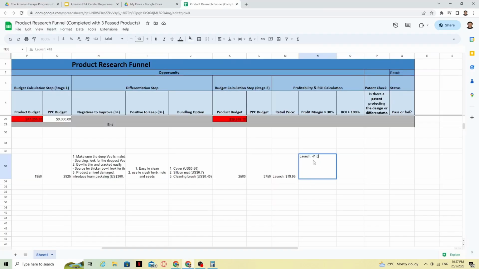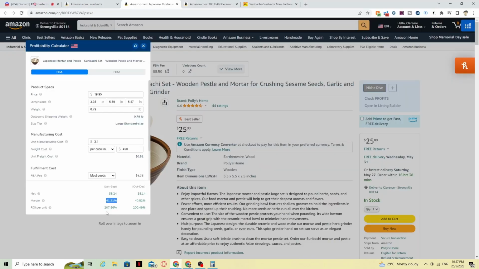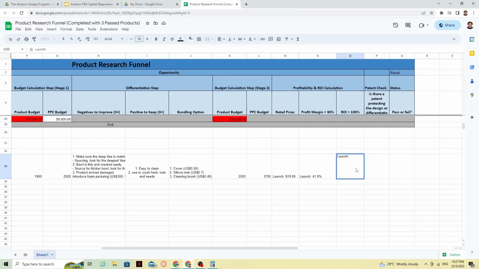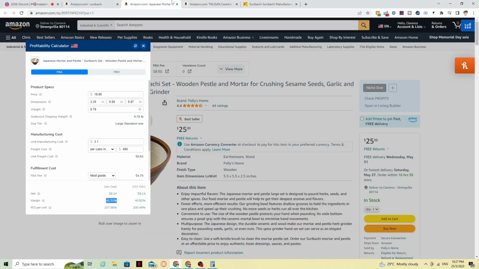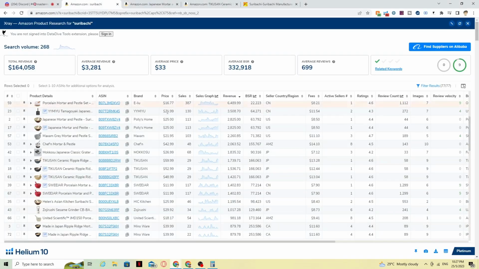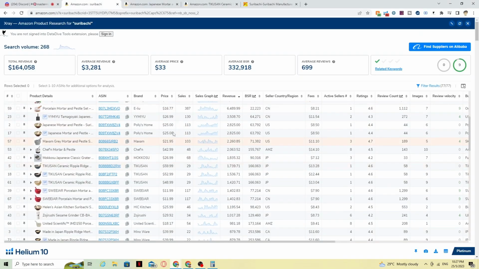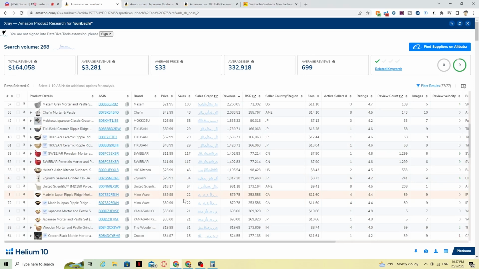At this launch price, your launch ROI is already more than 100%, 207%, 56%. Okay, so this is our launch price only. At this price, I'm very confident we can enter this market, because look at our competitors' selling range, $25, $42, $50+, so we can actually come in and sweep them off the path.